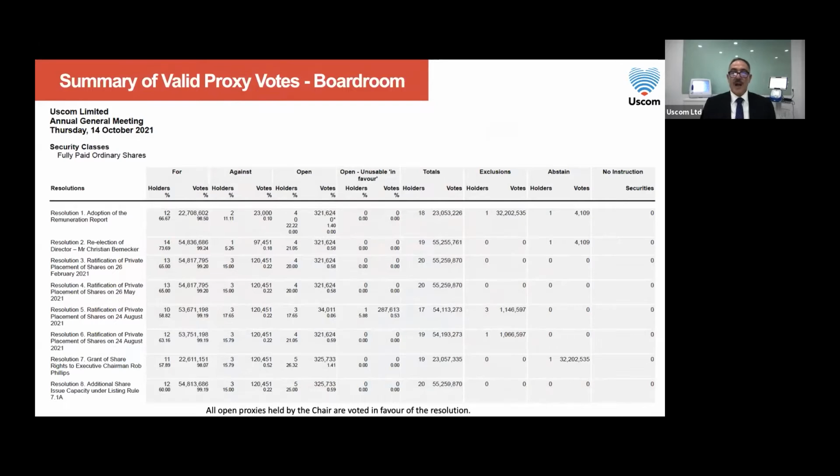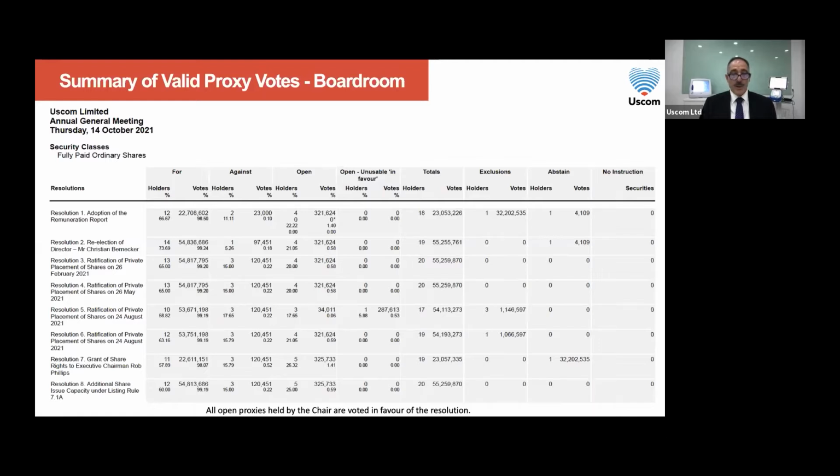So you can vote at any time as we pass through the resolutions, and at the end of discussion of the resolutions, there will be a further minute and then I'll close the poll, and those results will be coordinated with the proxies on the screen now and be released to the ASX later today.